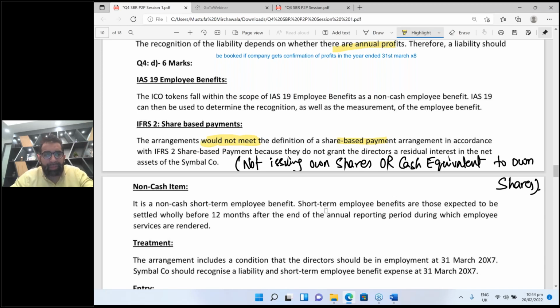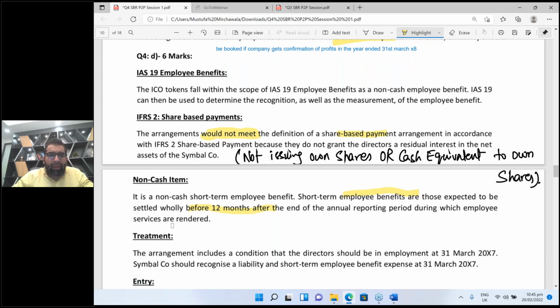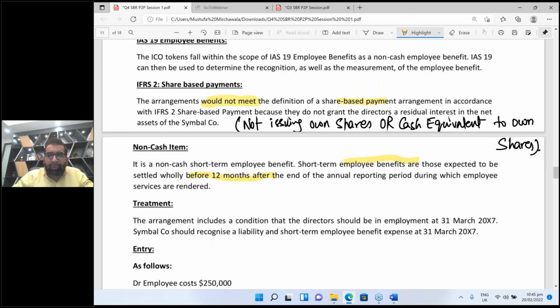Why short-term employee benefits? See the detail. Short-term employee benefits are those expected to settle wholly before 12 months after the end of the annual reporting period during which employee services are rendered. Now, the arrangement includes a condition that the director should be in employment at 31st March X7.